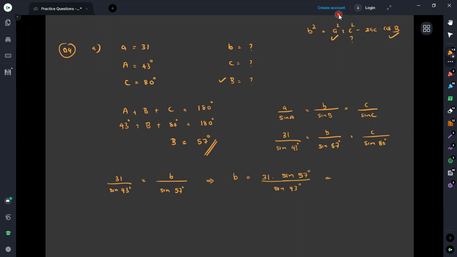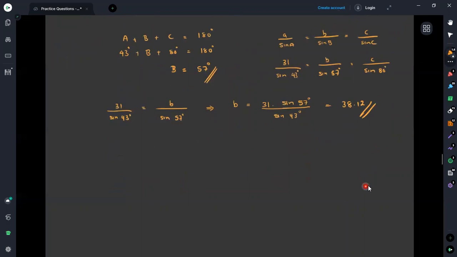The value of b can be obtained as 38 point, if I keep it accurate to two decimal places, the value of b is equal to 38.12.